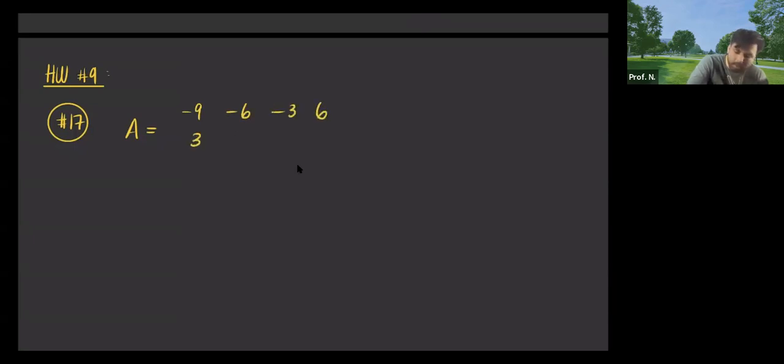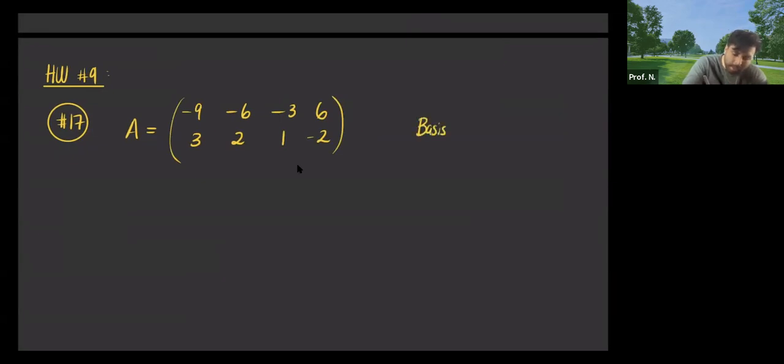So homework number 9, number 17. So it says A, right? A is the matrix -9, -6, -3, 6, 3, 2, 1, -2. And it says find the basis for the null space. This is a very typical problem.